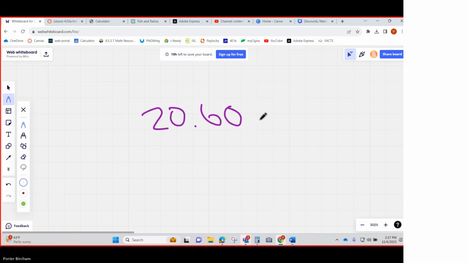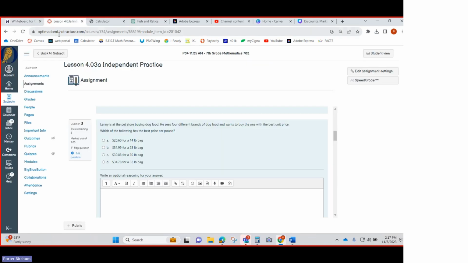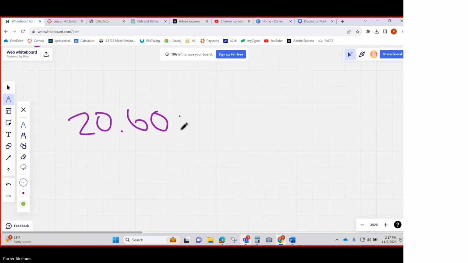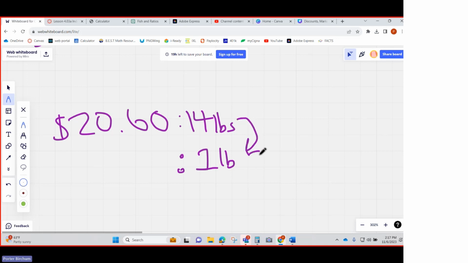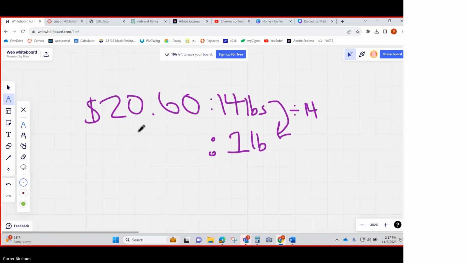I'm trying to find out the best amount of dollars per 1 pound. So I think I'm going to divide by 14, because 14 divided by 14 is 1.